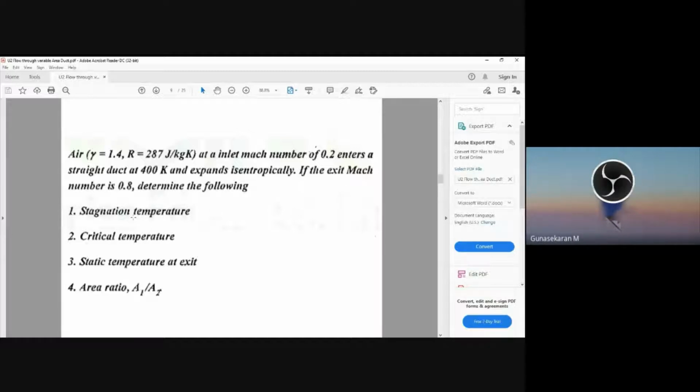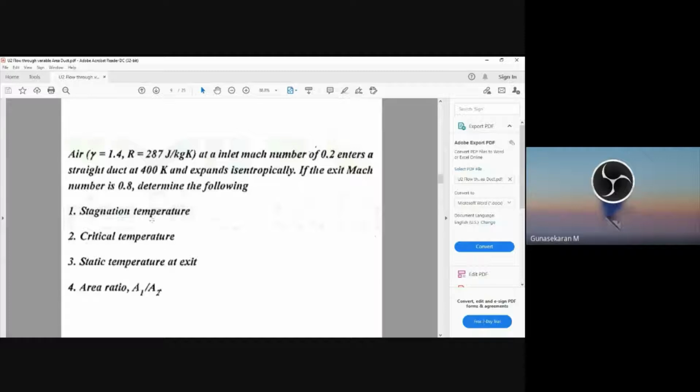For this problem also we can use the gas tables. By using the gas tables, you will be able to solve the problem, or by using the formulas. We have ready-made formulas, you can use them and get all the values. So in both ways you can solve.